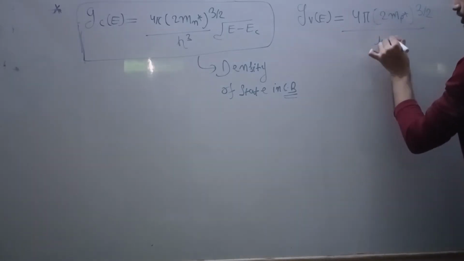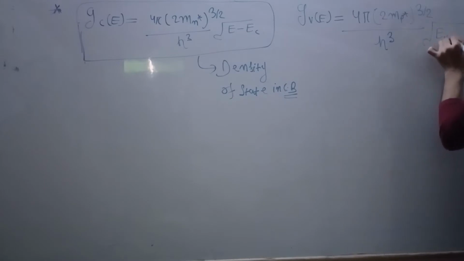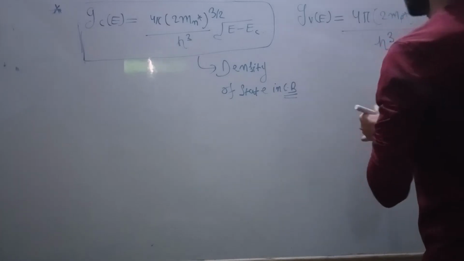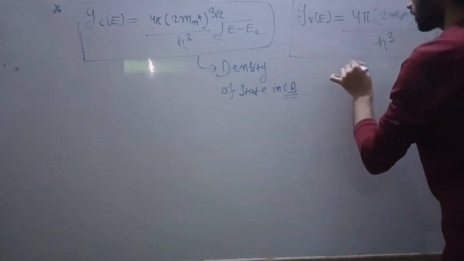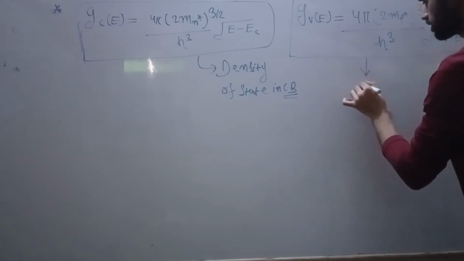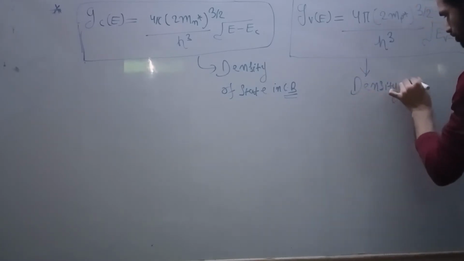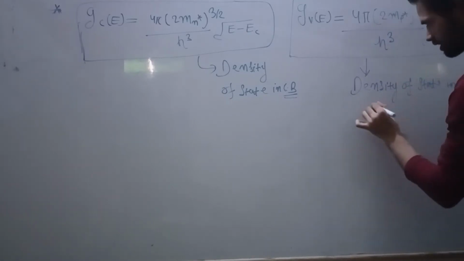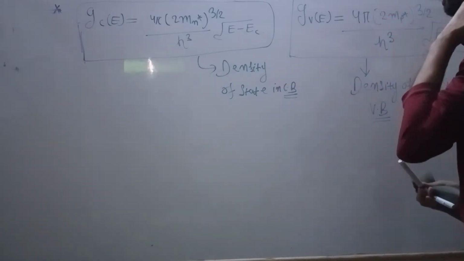So this is my density of state in the valence band.